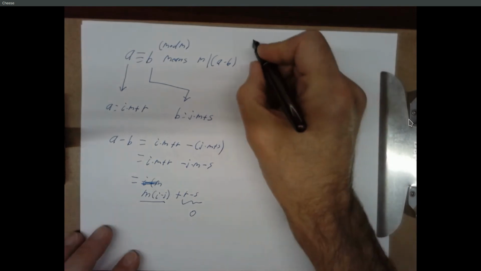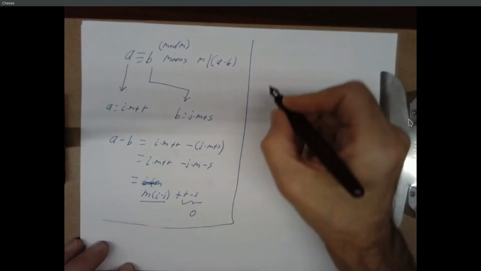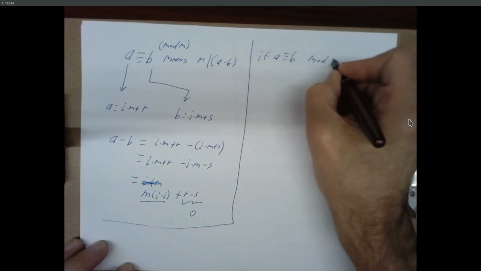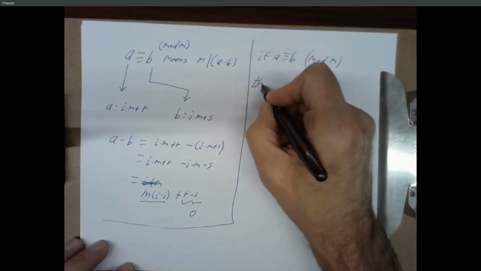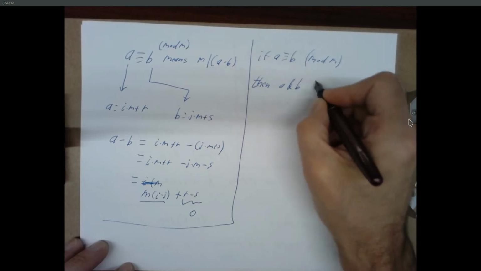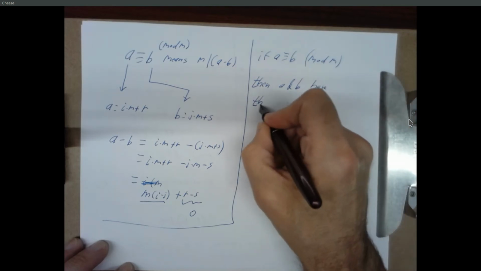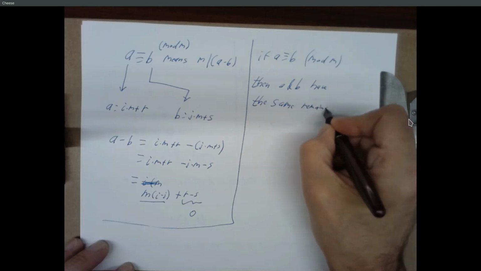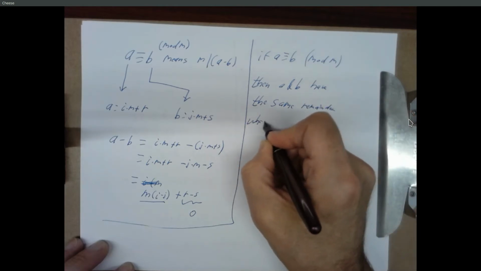So what does this mean? Well, it gives us this fact that we can just take as given. If a is congruent to b modulo m, then a and b have the same remainder when divided by m.